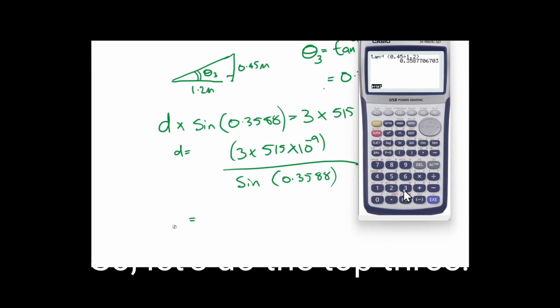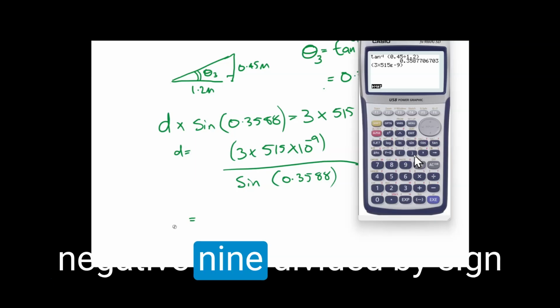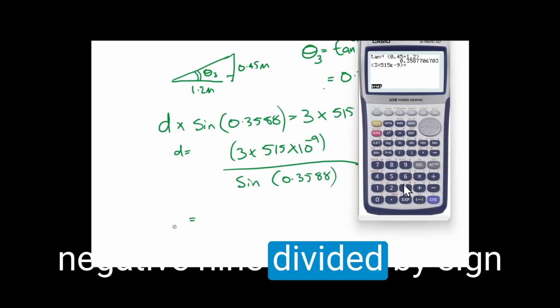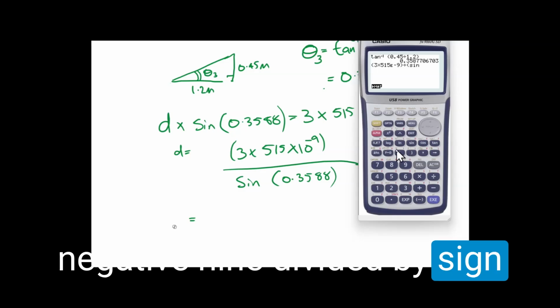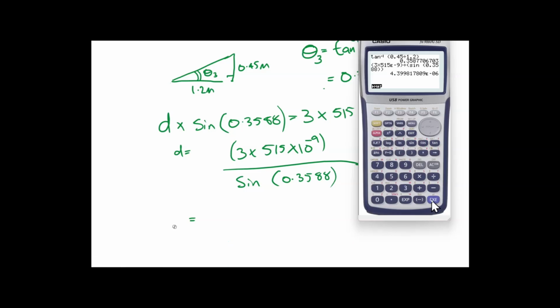So let's do the top. 3 times 515 times 10 to the negative 9 divided by sine of 0.3588, bracket.